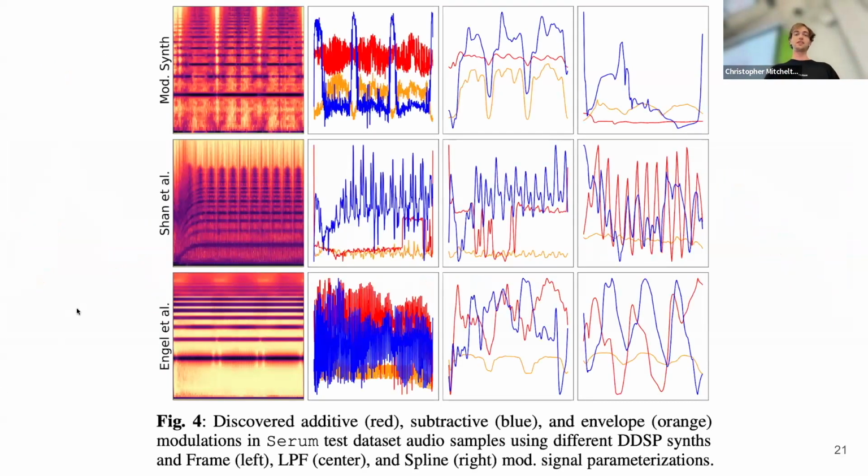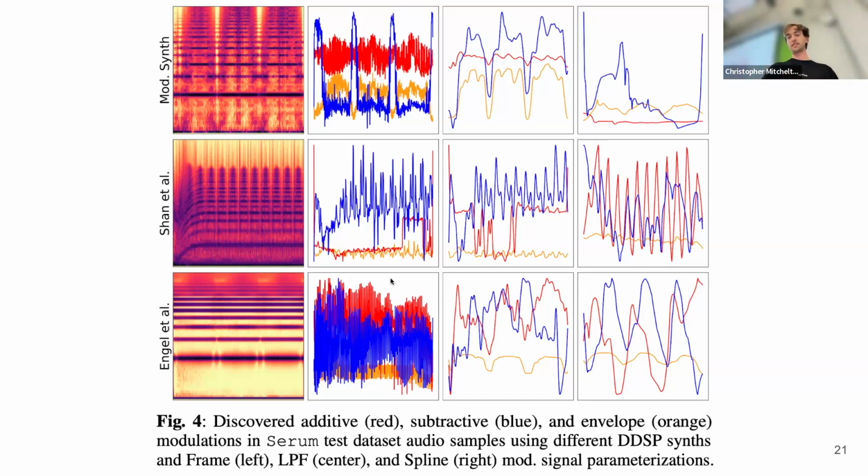We then tested it on multiple DDSP synth architectures, like some common ones: the differentiable wavetable architecture, the original DDSP architecture, and also the one that we suggested in the paper. We do this on Serum audio, which is crazy because the little DDSP synth cannot recreate most Serum audio, but it's meant to find some of the movement in that audio.